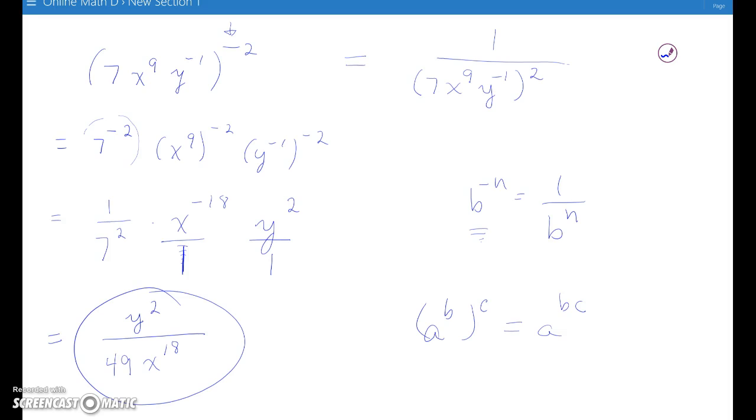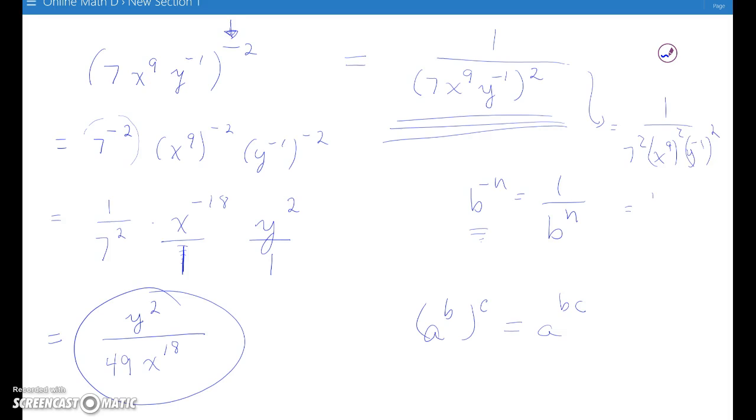So let's look at it this other way that I suggested, where I first take care of the negative exponent by saying that's 1 over the same quantity to the positive 2 power. So now I'm working with positive exponents. So this is going to be 1 over 7 squared, x to the ninth squared, y to the negative 1 squared.